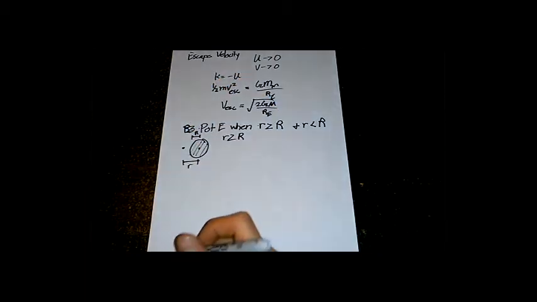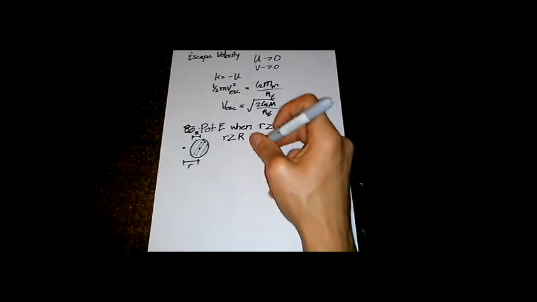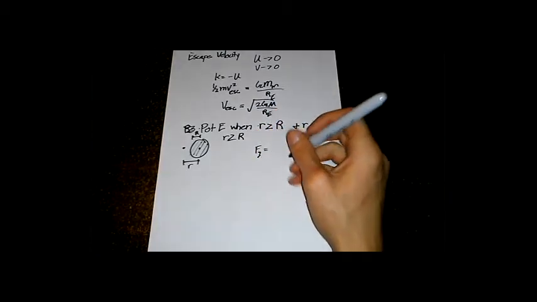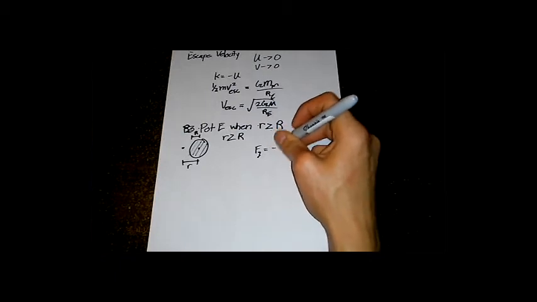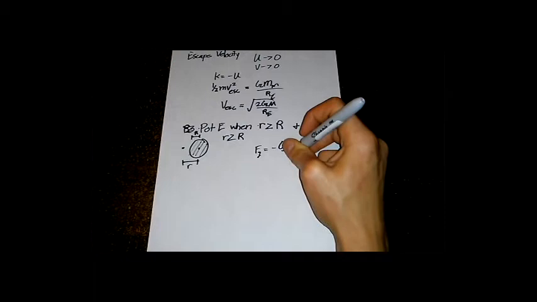This is little r, and this is big R. So you are outside of this planet, and the equation that Newton gives us for this situation is Fg is equal to negative big G, big M, little m over r squared.